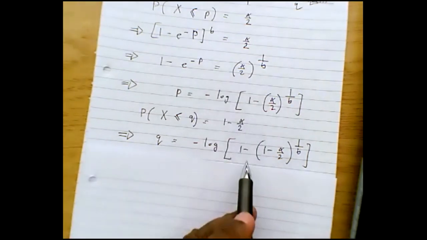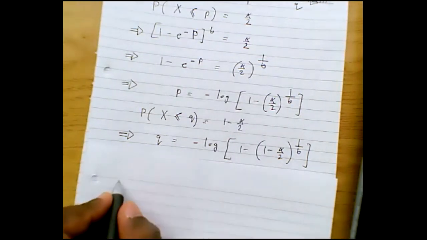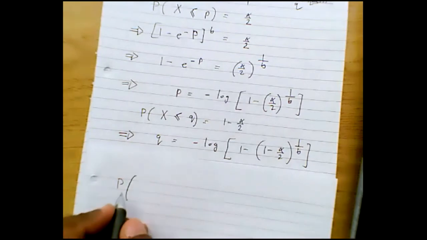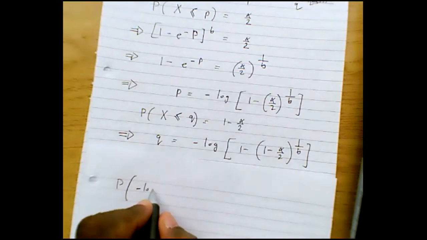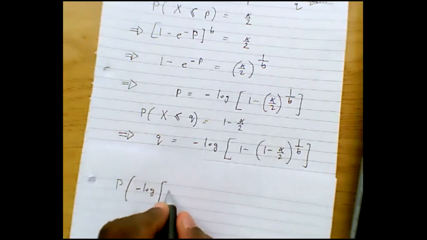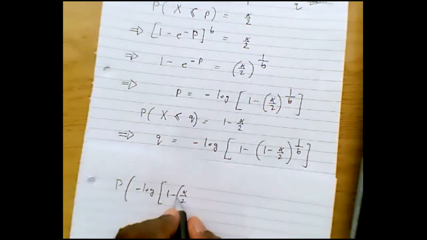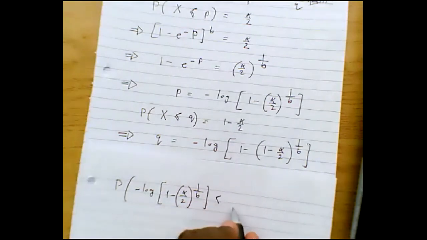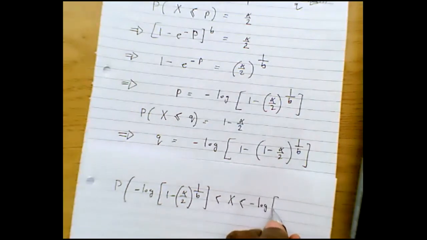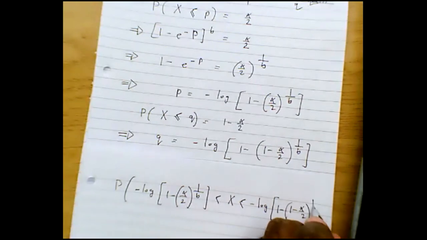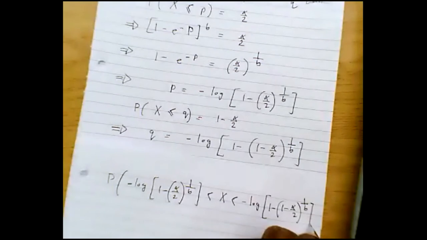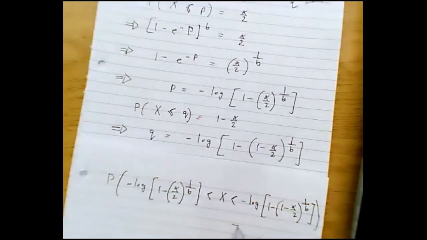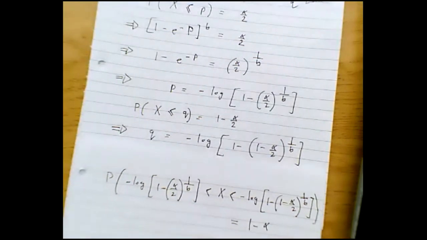So this is your P, this is your Q. So the probability that x is between these two is equal to this, right?